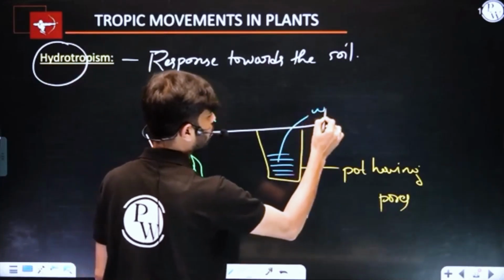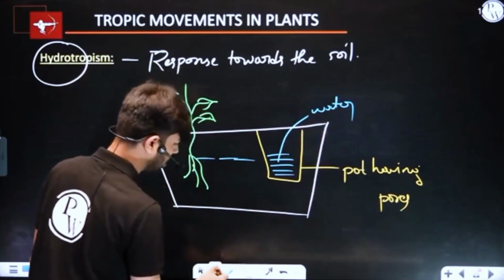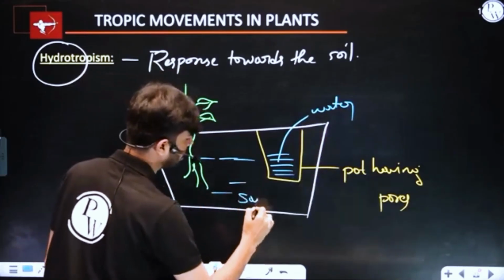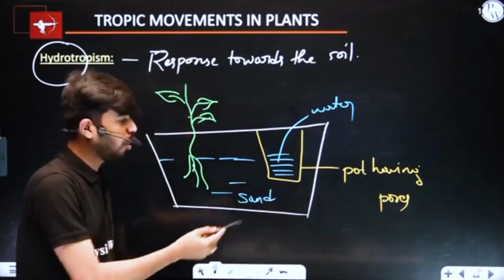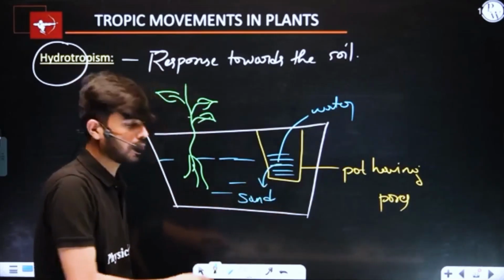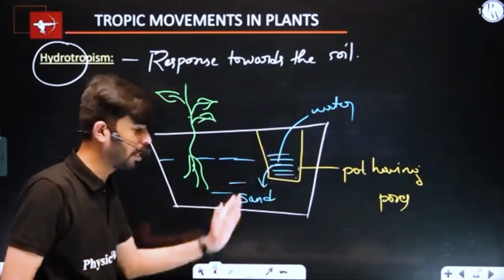ಇಲ್ಲಿ water ಇದೆ. So what's there inside this particular container? Sand. ಇಲ್ಲಿ sand ಇದೆ. Now water is started to move out of the pot because pores are there. ಅಲ್ಲಿ pores ಗಳಿರೋದ್ರಿಂದ ಏನಾಗ್ತಾ ಇದೆ, water is started to move out of the pots.